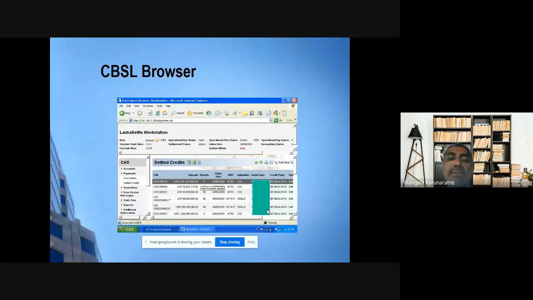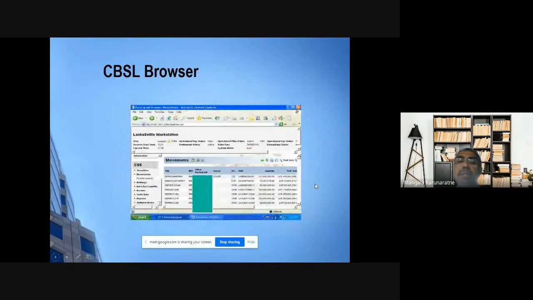This is how you see it. Settled credits are there, and you get the debit party and the credit party. Since this is the Ceylon Bank browser, the Ceylon Bank BIC is appearing, and these are the transactions which have taken place.